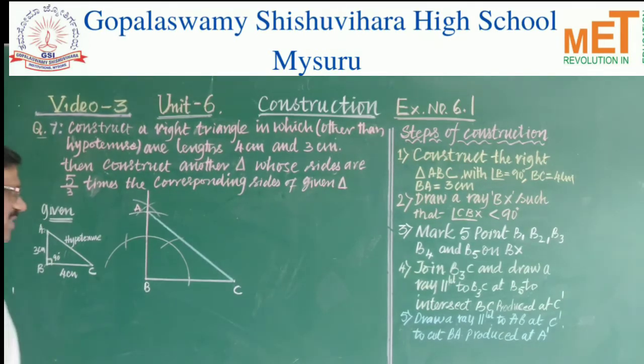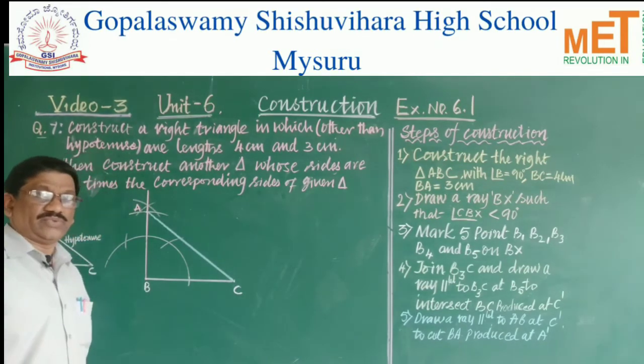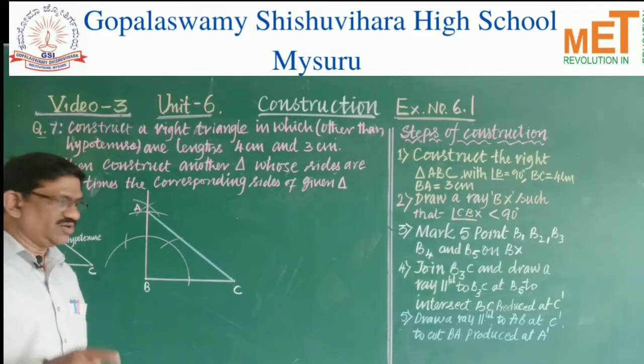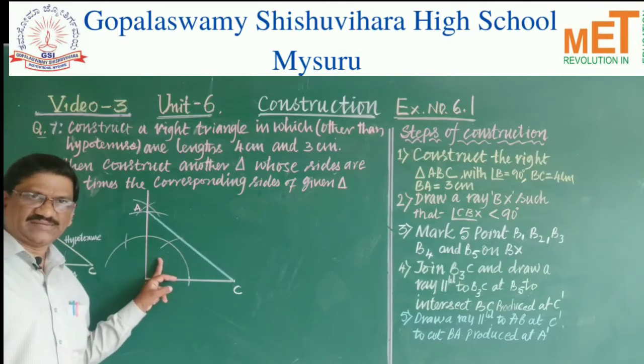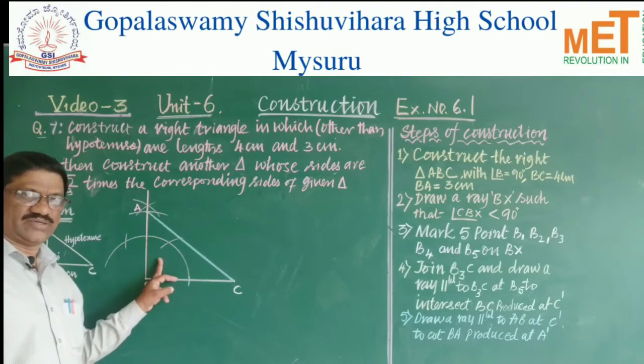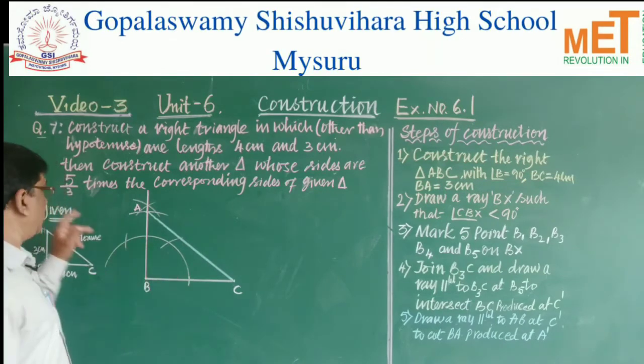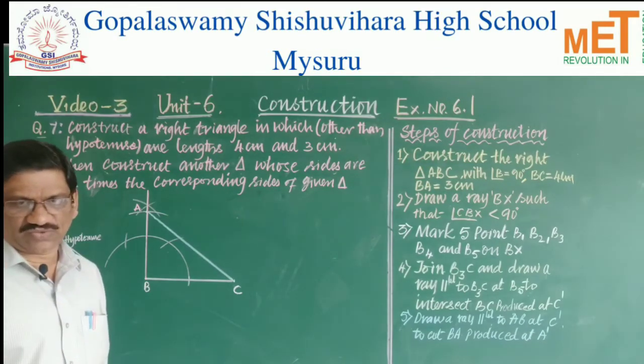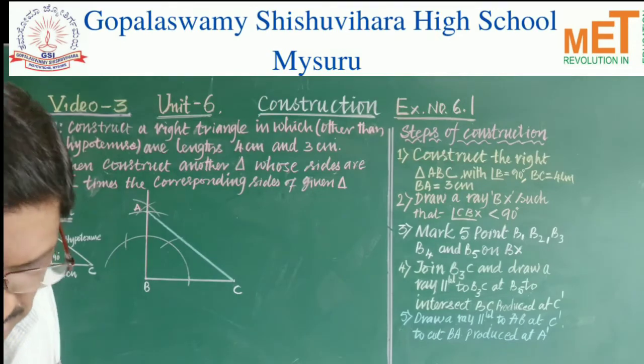Understood, children? Now what we have to do, we have to construct a triangle similar to this triangle. At what ratio? It is 5 by 3 ratio. Understood, children? So what we have to do for that?